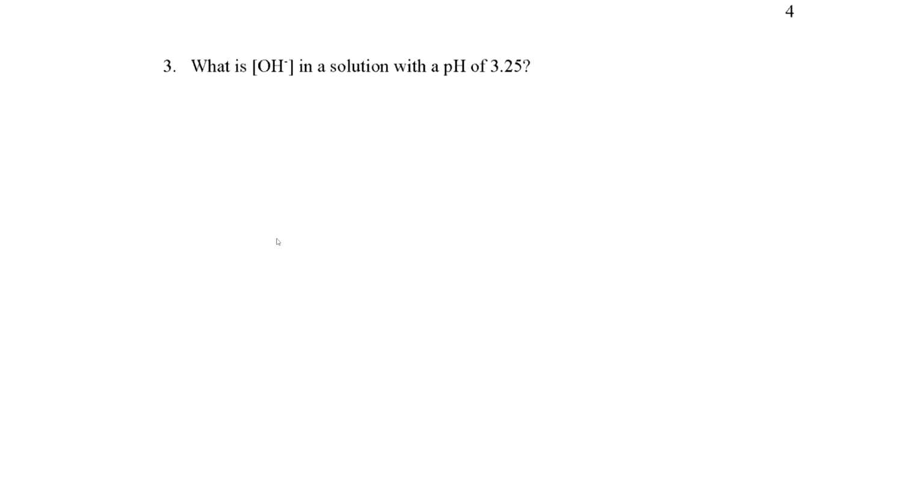Okay, so this one says, what is the hydroxide ion concentration in a solution with a pH of 3.25? Okay, so I think the easiest way to tackle this one is if you know pH and you're looking for hydroxide, first find pOH, and then from there you can figure out the hydroxide ion concentration.